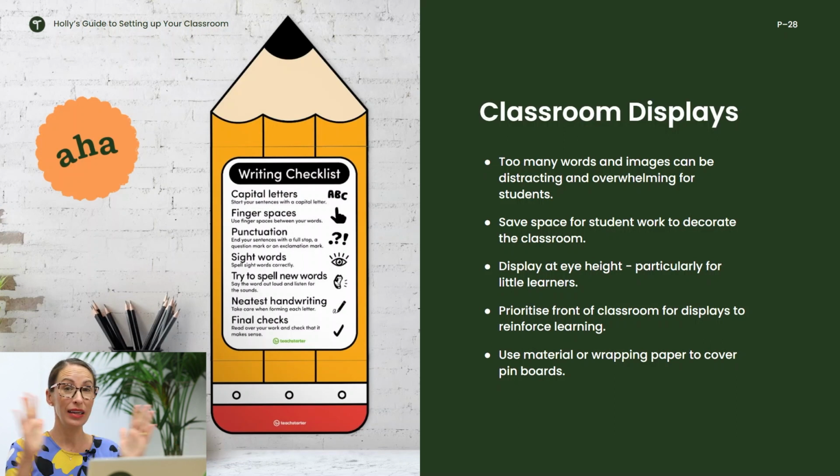Just use some brightly coloured wrapping paper on the backboard, and lots of our classroom theme packs include, I forget what they're called, the little borders that go around the edge. You can print them out and stick them around the edge of your display as well. You could also use material, which is a really great idea because you can reuse it every single year, whereas wrapping paper will often get ripped. But wrapping paper is obviously a cheaper option.